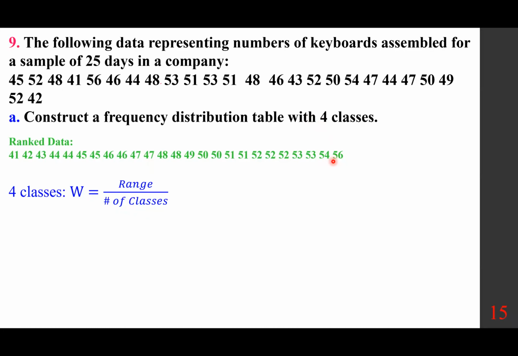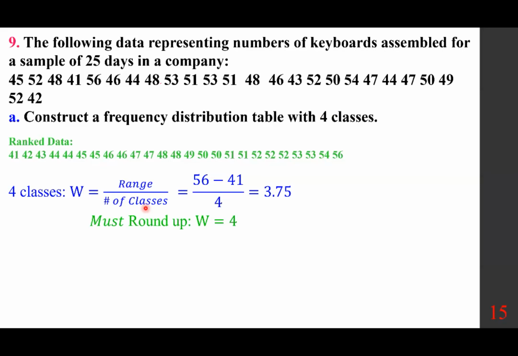So 56 minus 41 divided by 4 classes. This becomes 3.75. Now, we must round up. Here's the reason. If you don't round up, by the time you finish with your classes, you will not have all of those data.